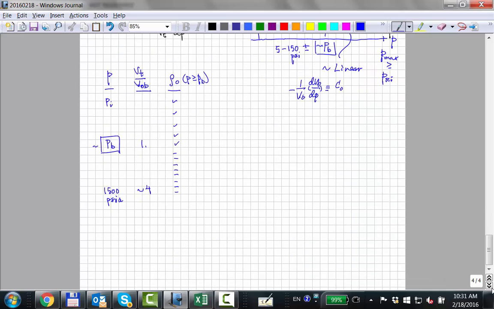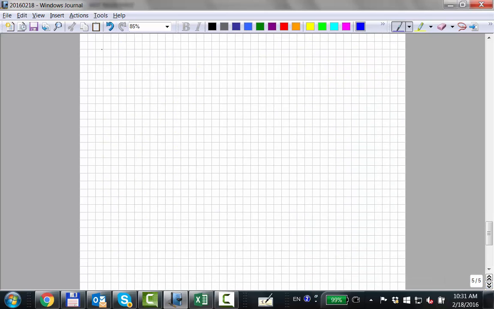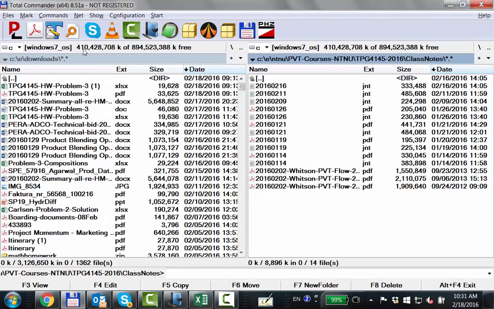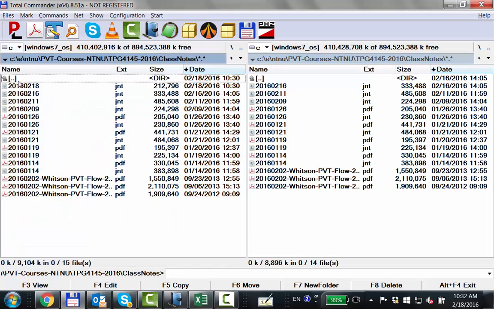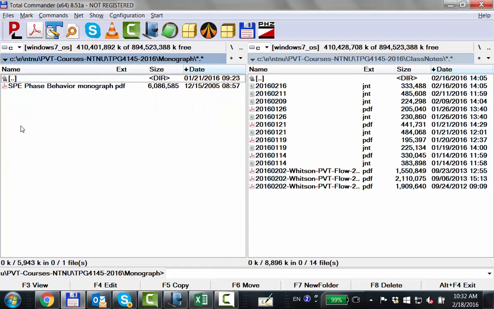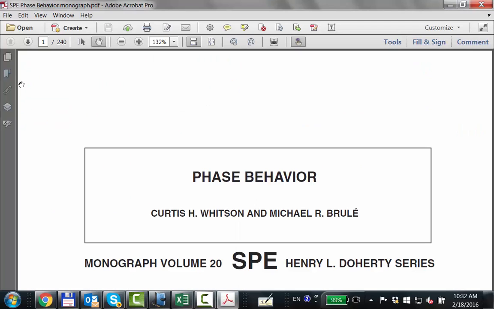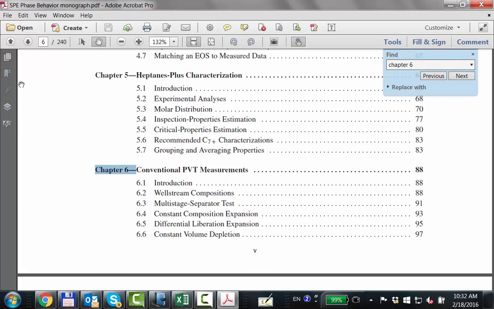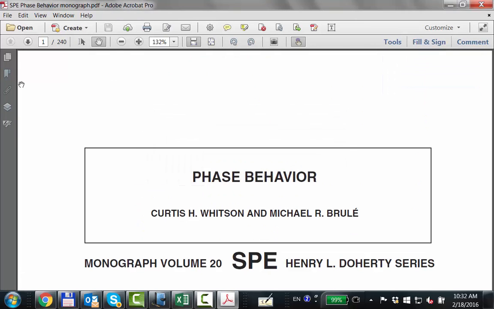Okay, so that's the first experiment. Let's see if I can look in chapter 6. That table should be in there. Oh, give me a break.